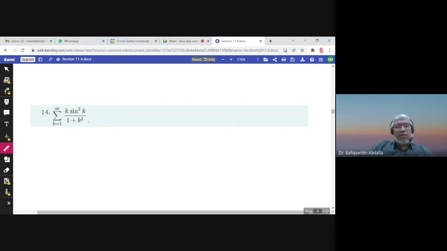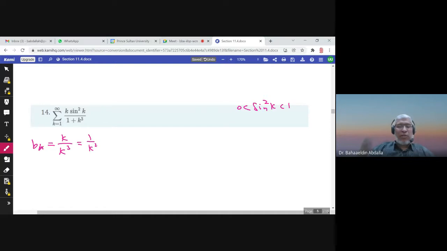Well, here sine squared k, when k goes to infinity, is always a number between 0 and 1. So it doesn't increase when k increases. But look at k and k cubed. So b_k here would be k over k cubed, or 1 over k squared.